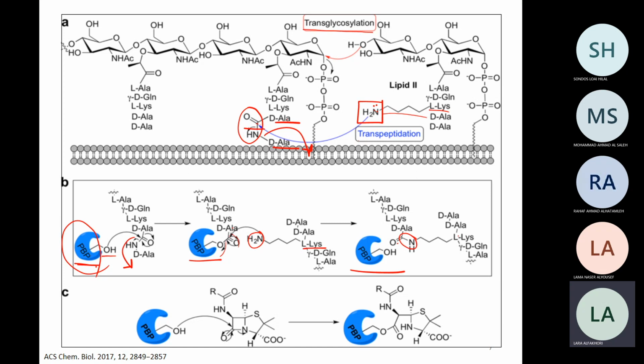Let's talk about the other, let's say, compartments of the cell wall structure. Now the beta lactams have a structure very similar to, let's say, the penultimate and terminal alanine. That is why they bind to those penicillin binding proteins. The enzyme mistakenly binds to it because there is a big similarity.